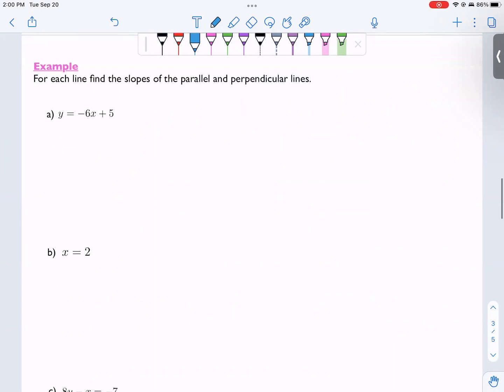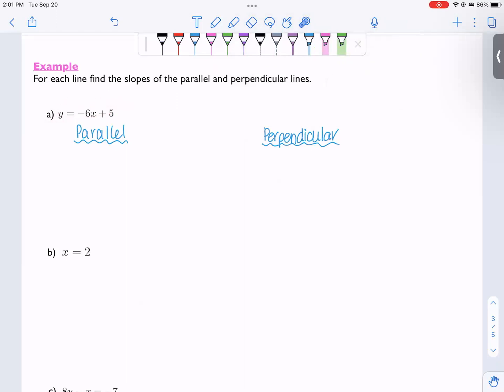So for a few lines, let's find the slopes of the parallel and perpendicular lines. For each of these, we'll find a parallel slope and we'll find a perpendicular slope. This line is already in y equals mx plus b form.